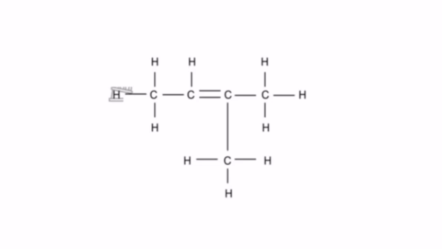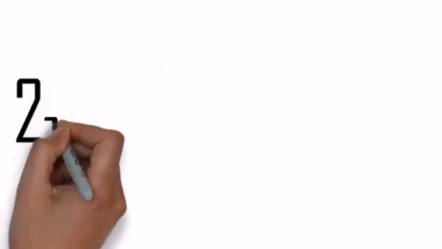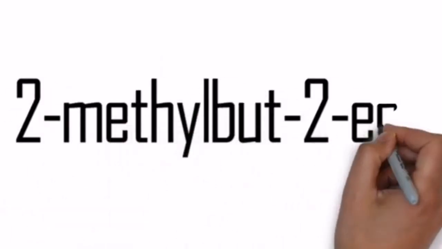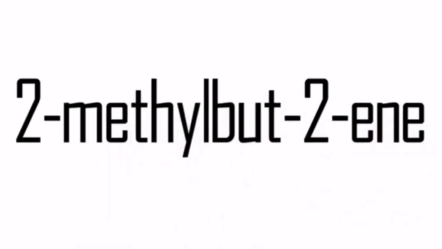In carbon number 2, meaning that this is an alkene. We have a methyl branch, so it is 2-methylbut-2-ene. Why? Because the branch is in carbon number 2. That 2 before the "ene" shows that the double bond is on the second carbon.